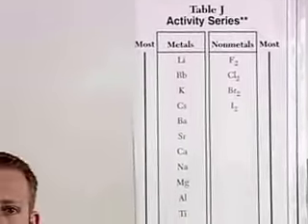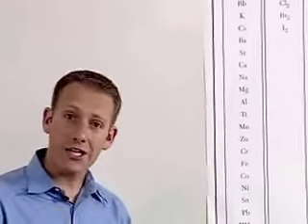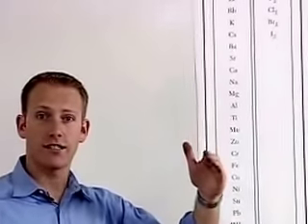Which metal do you think is going to be able to lose electrons more easily? The metal that's more active or the metal that's least active? Well, the metal that's more active will do what it wants to do, and it wants to lose electrons. Now, you should be thinking, wait a minute, lose electrons? Oh, that's oxidation, because LEO goes GER. So what that means is the most active metals, highest up, will actually be oxidized.